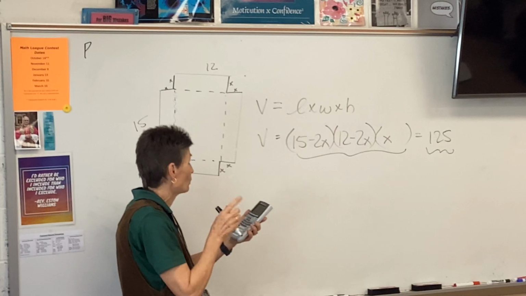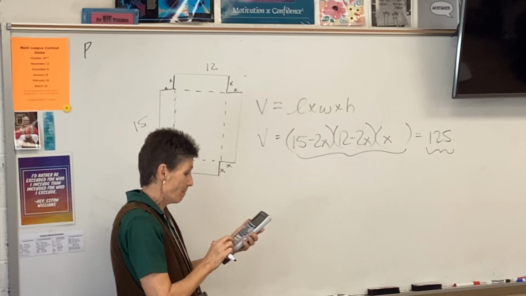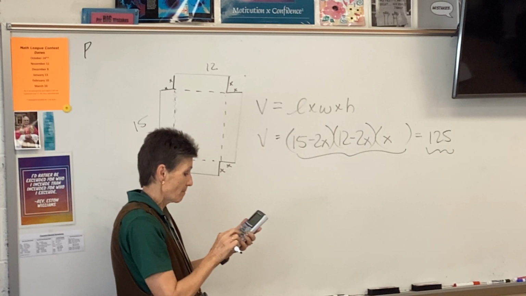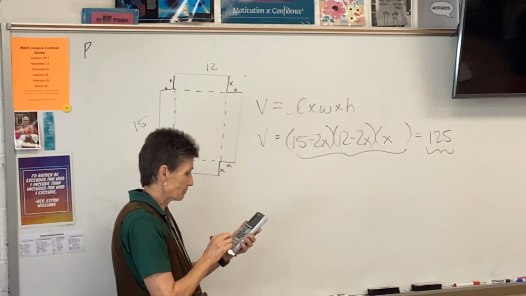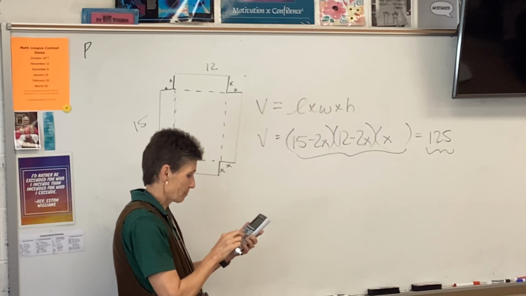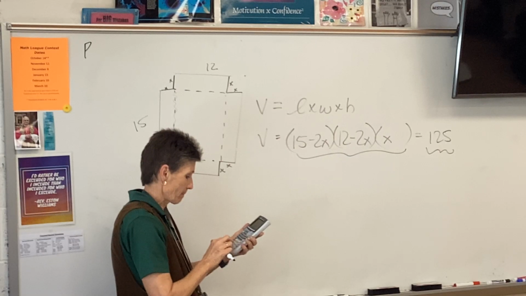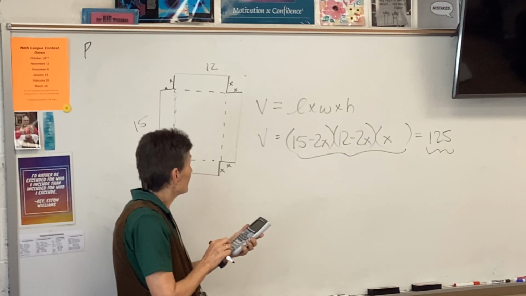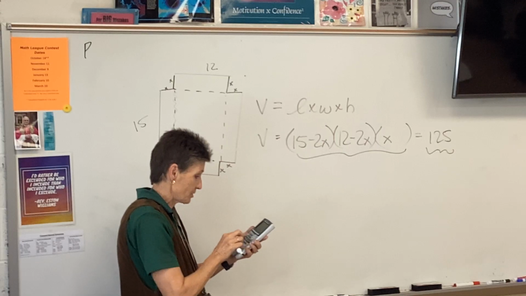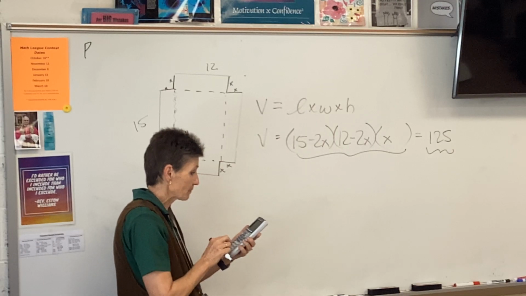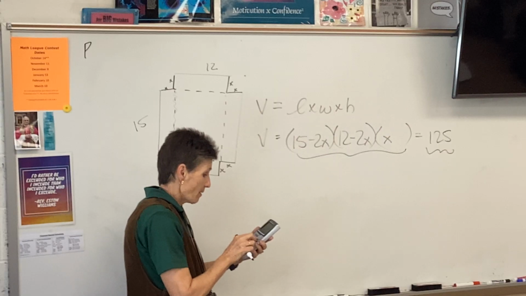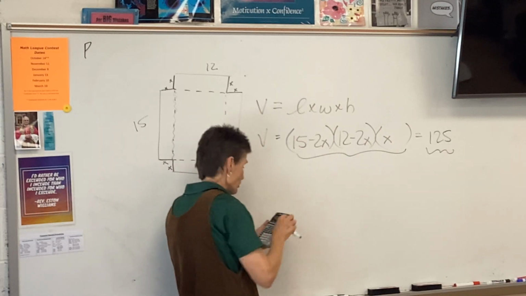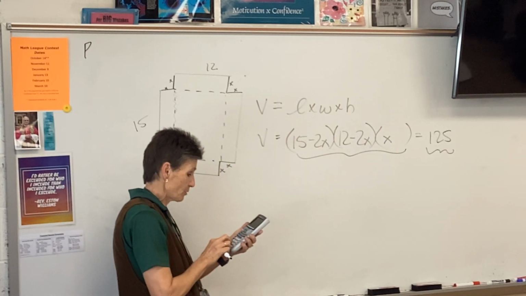Go ahead and type it in with it. So 15 minus 2x. And then type in for y2, type in 125.